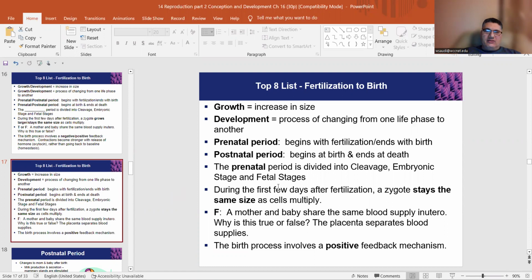After week 8, we call it fetus. During the first few days, I know that I said that the cells multiply but do not increase in size. Like this is the size that contains 2 cells, same size but 4 cells, same size but 8 cells, until it becomes morula. Later on, it starts to grow.